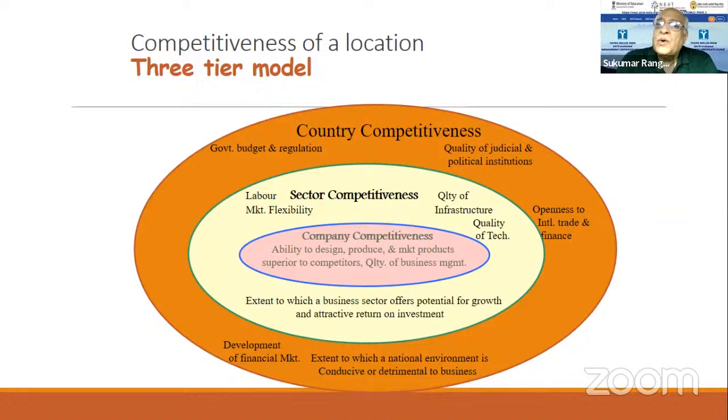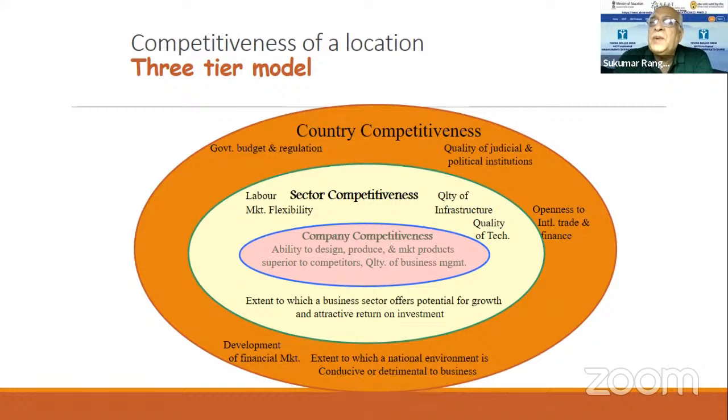Once certain sectors have more competitiveness available, and you want to put up a unit which needs the technology, manpower, resources, and many other things, then you tend to locate there, like startups for that matter.